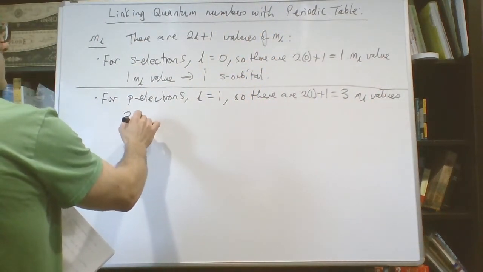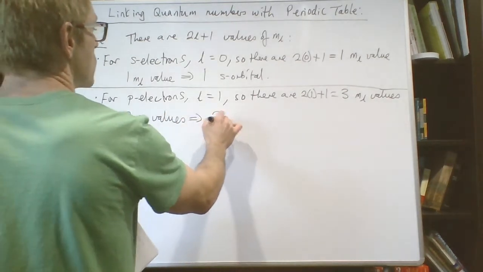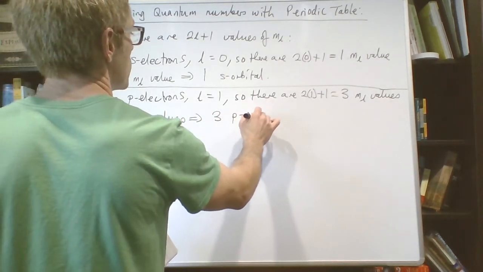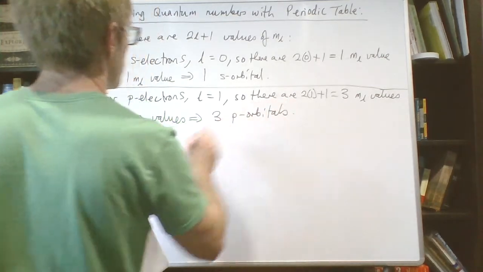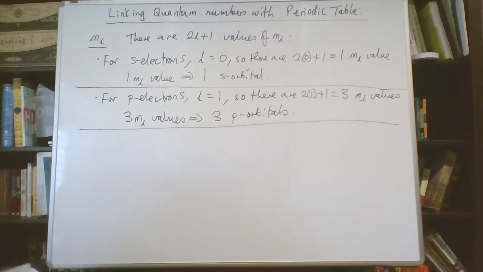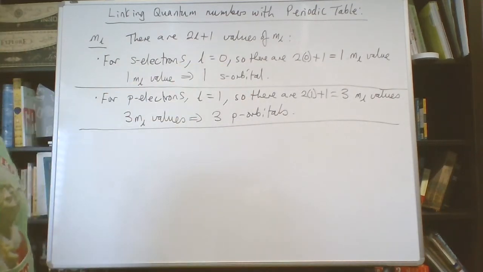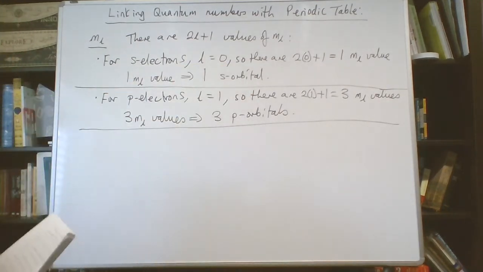And those 3 ml values imply 3 p orbitals. So why are there 3 p orbitals? Because there are 2l plus 1 values and L is 1. Why is there 1 s orbital? Because there's 2l plus 1 values and L is 0.